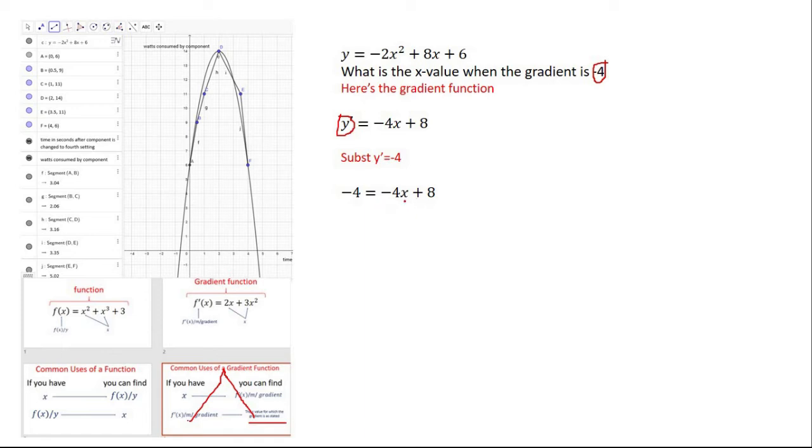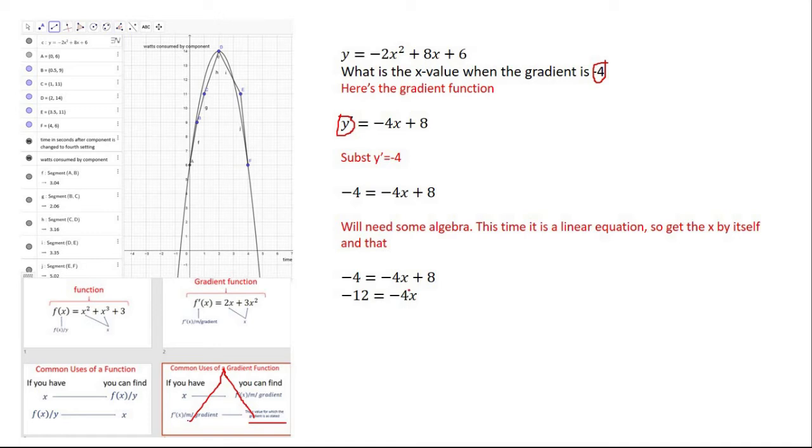So is this linear, or is it quadratic, cubic, non-linear, and all that stuff? It's linear. So this time I don't get this side equal to 0. I get the x all by itself. A little bit of algebra: make the 8 disappear, it becomes like that. Make negative 4 disappear, it becomes like that. So I know that x equals 3.